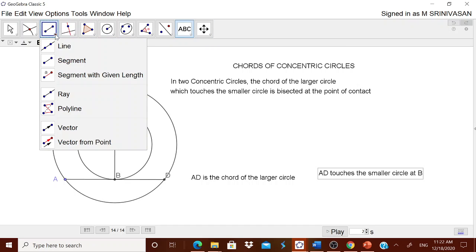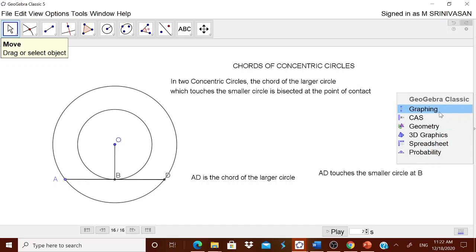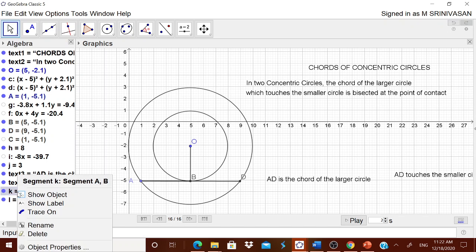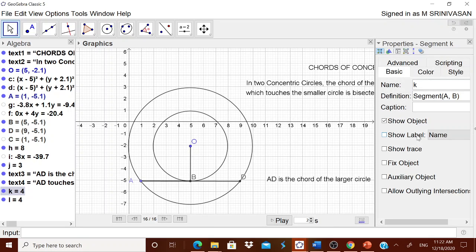For that, go to the segment tool. Go for the segment AB. Go for the segment BD. Now you see so many segments are there. To have clarity, go to the graphics. Right click and then object properties. It's always better to avoid confusion. Here you can show its value.